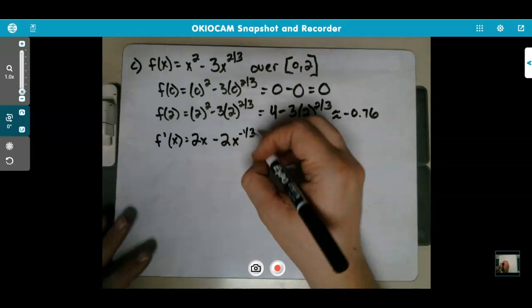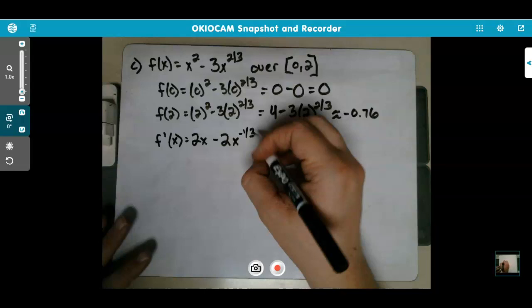Remember, we must also find where it is undefined, right? So in this case, x to the 1/3 cannot be equal to 0, which would mean x cannot be equal to 0. But I don't actually have to worry about that one because I already plugged it in here.